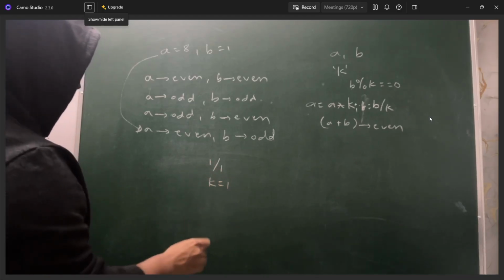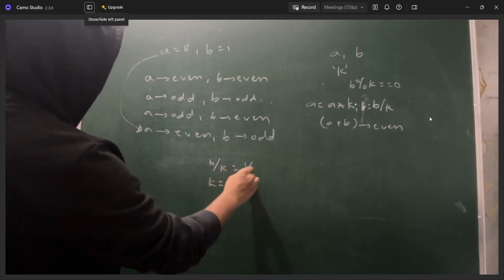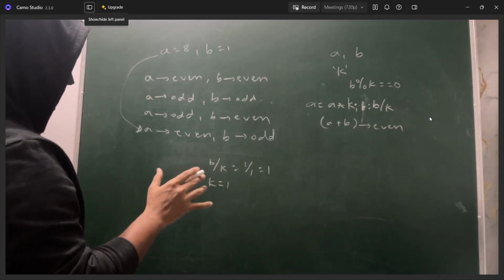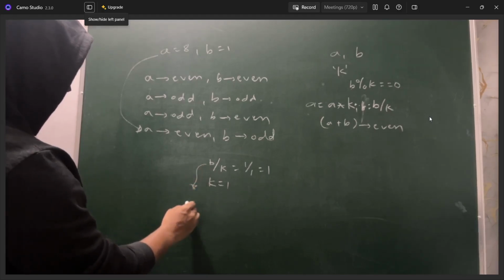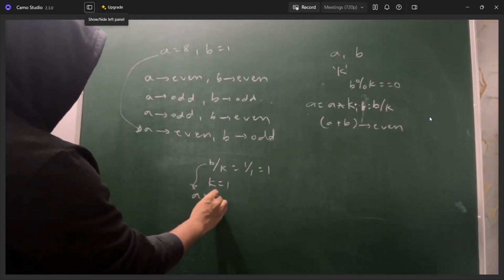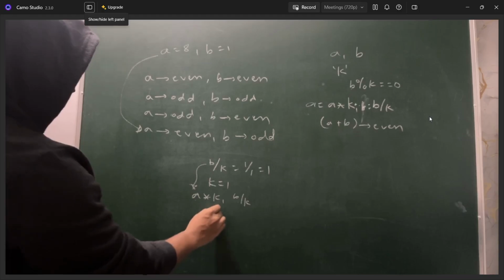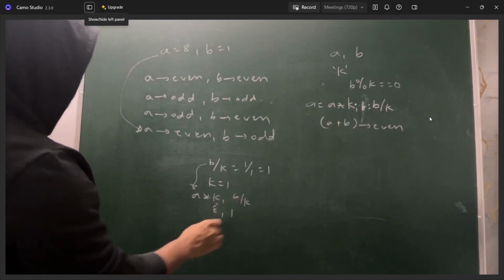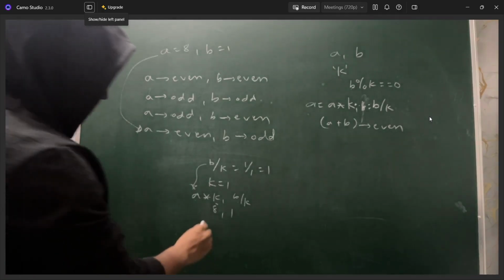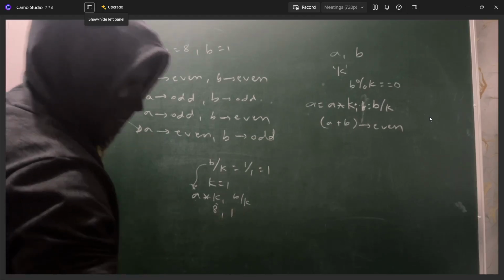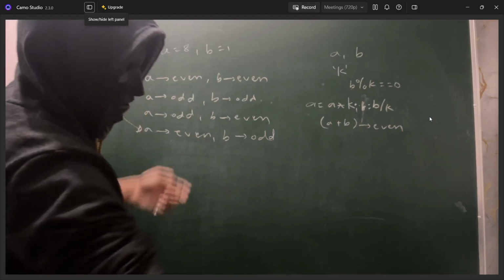Only 1, so b by k is 1 by 1, which is 1, perfectly divisible. Then you do a into k and b by k. So a into k is 8 into 1, which is 8 again, and 1 by 1 is 1 again, so it is recursive. In this case your answer is not possible, so you will have to return -1.